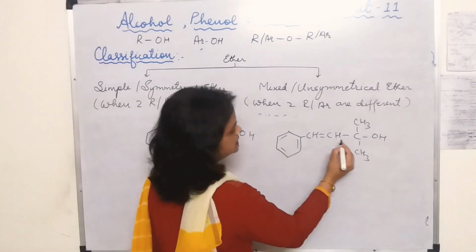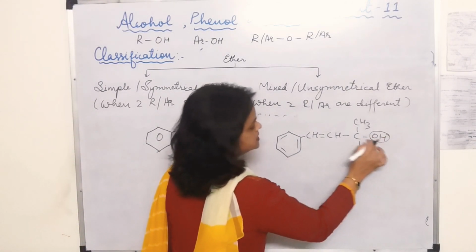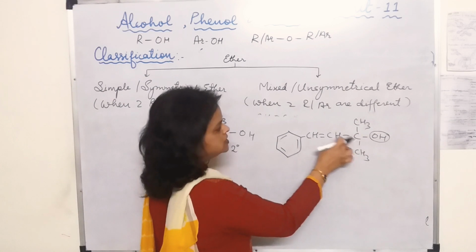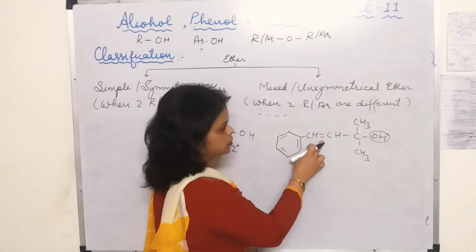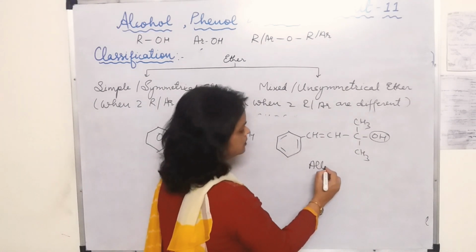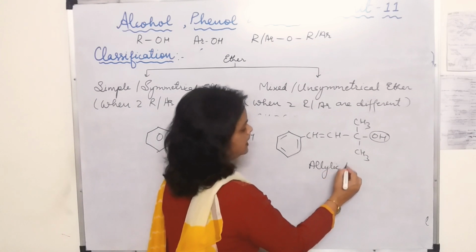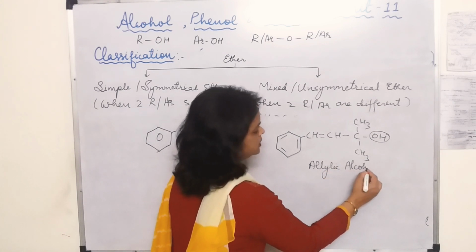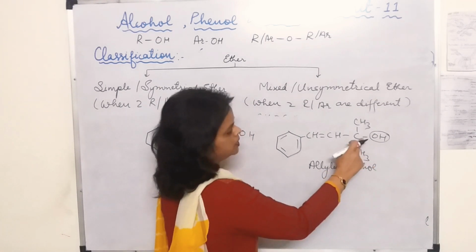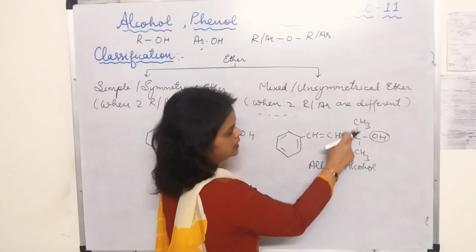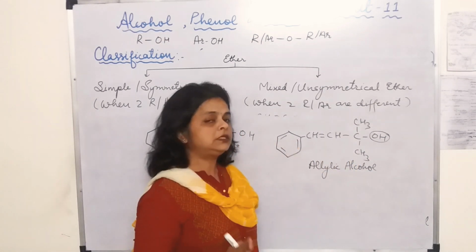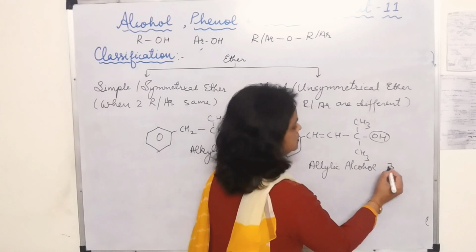So we can see that the OH group is attached to the carbon which is in conjugation with the double bond. So this is allylic alcohol. And what type of allylic alcohol? Because this carbon is attached with 3 carbons, it is 3 degree.